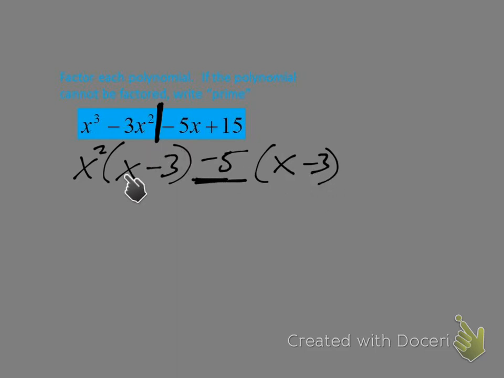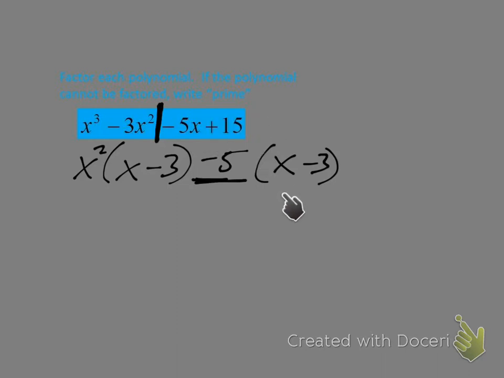Always do that on the second group also. Don't try to get cute and factor the negative out of the first group. Always do your negative out of your second group. Always take the GCF out of the first group, GCF out of first group, negative if need be after second group.